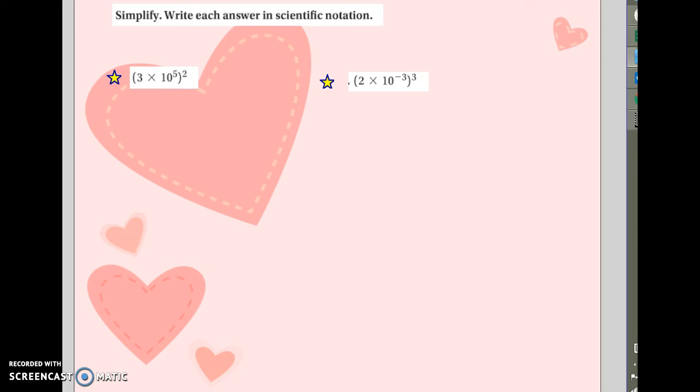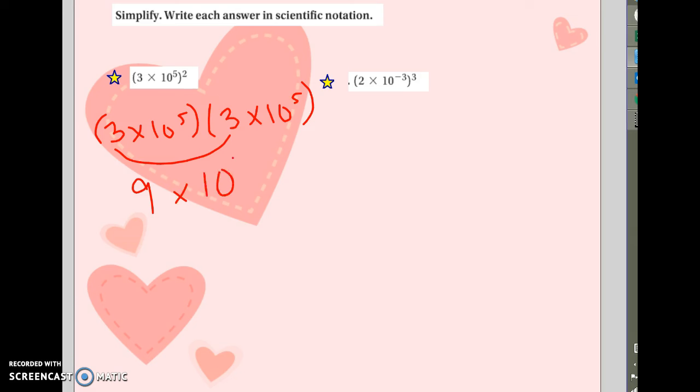So 3 times 10 to the 5th to the 2nd power. So I'm going to write it twice since it's to the 2nd power. And then it's going to become 9 times 10 to the 10, because I add the exponents when I multiply, and they have the same base.